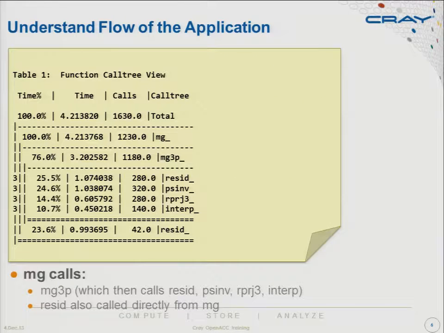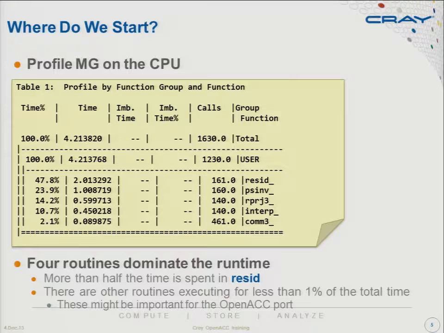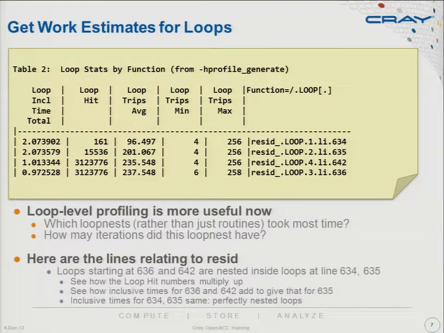If I go back and we say how much time is spent in resid in total, it's about 2 seconds. If I look here, this loop has an inclusive time of about 2 seconds. So basically all of the time in that routine is spent inside a loop nest. And the outer loop is at line 634, and its inclusive time is that.